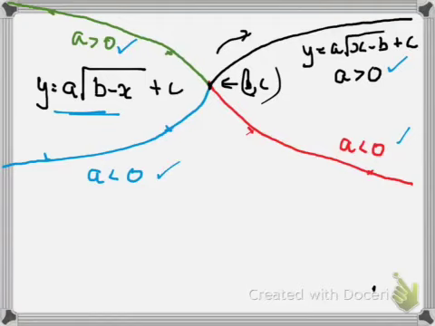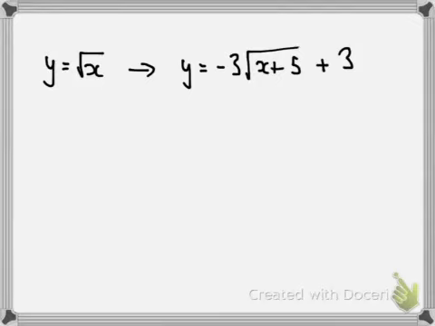Let's look at our transformations then to take us from y equals the square root of x to y equals negative 3 square root of x plus 5 plus 3. So what are our transformations that are going to take us from one to the other? Alright, so we look at dilations first, as usual.